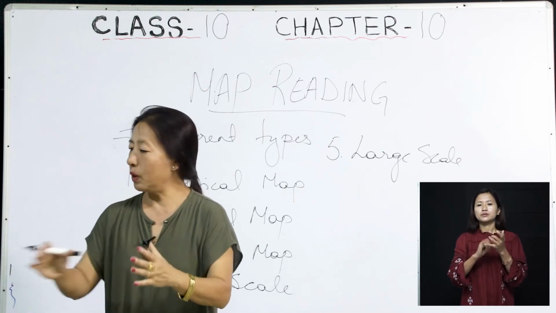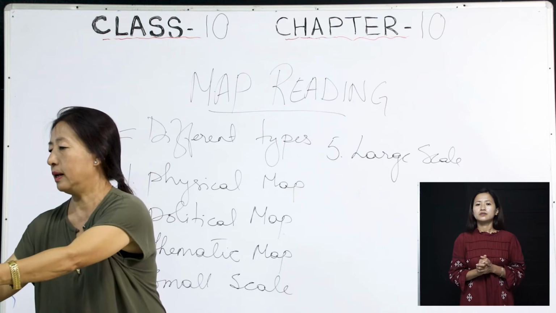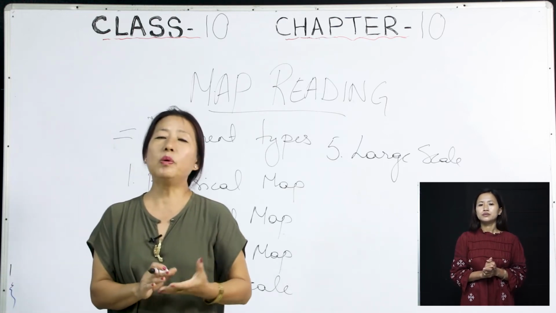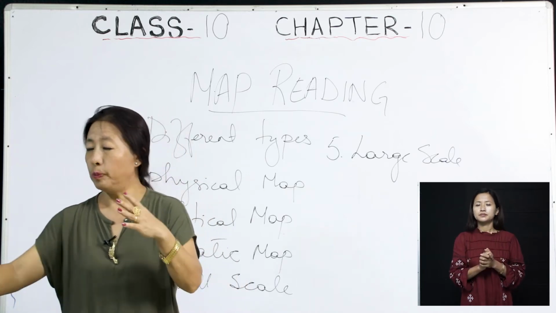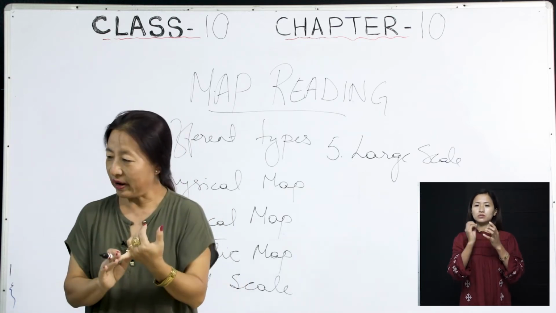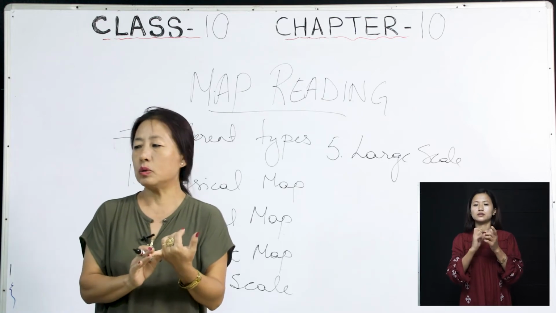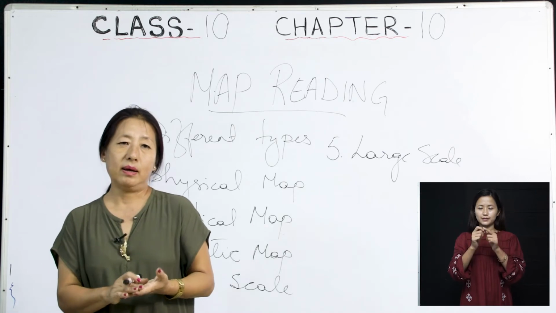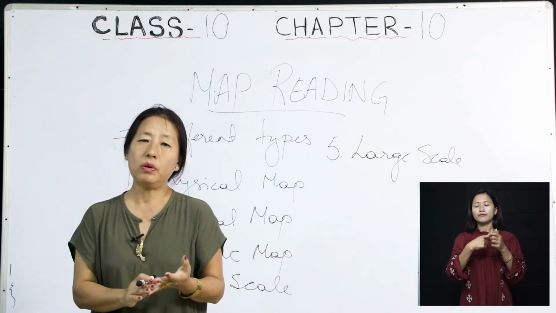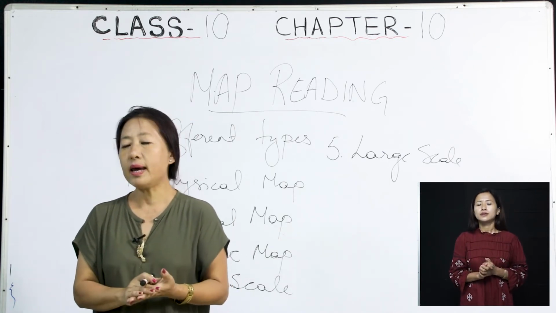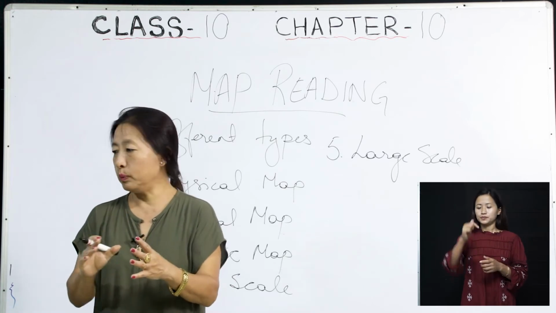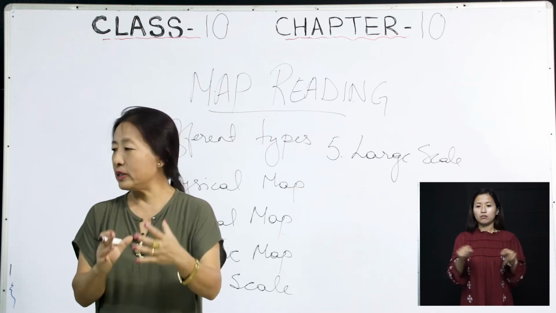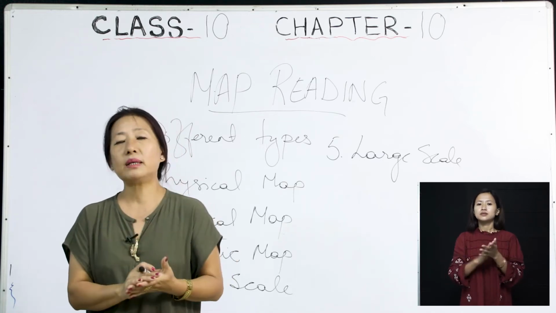Then we also have another one, which we call the topographical map, or in other words, it is also known as the ordnance survey map. And here what will happen is, this map shows both natural and man-made features.